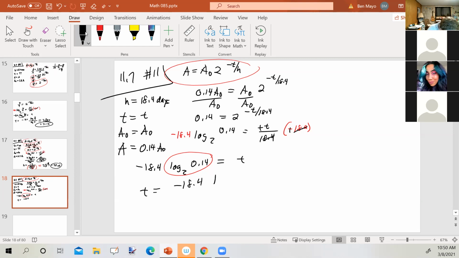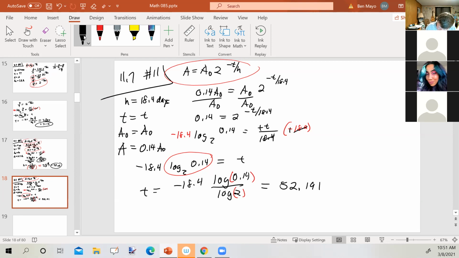So log of 0.14 divided by log of 2. Again, we're going to have parentheses there and there. And let's see, negative 18.4 times the log of 0.14, close that up, divided by the log of 2, close that up, and I get 52.191.